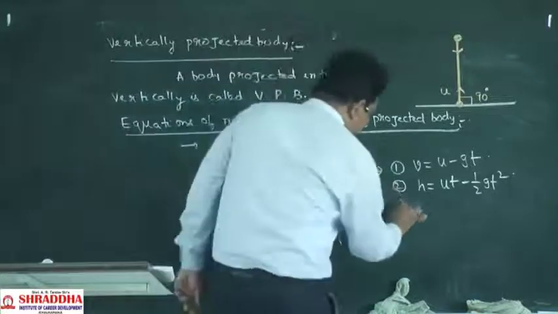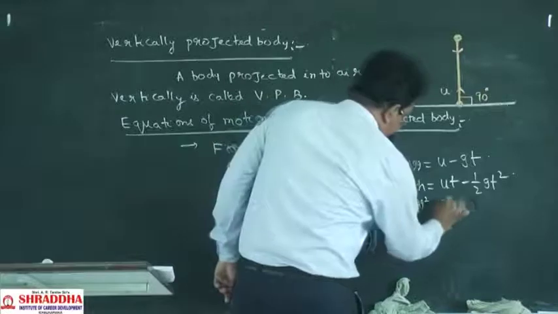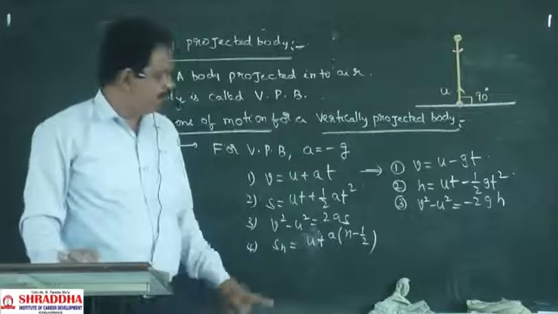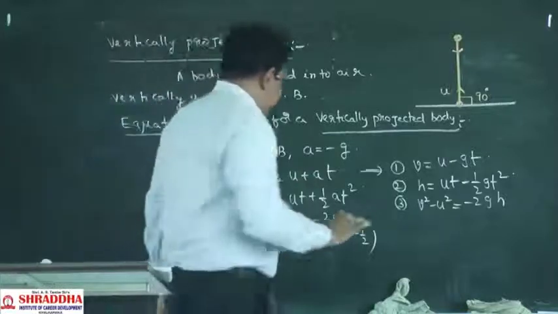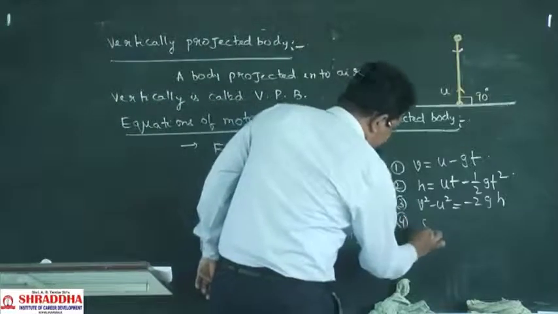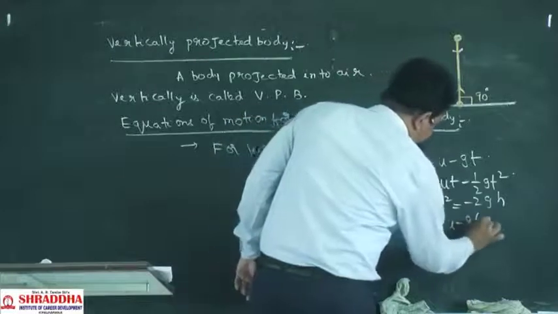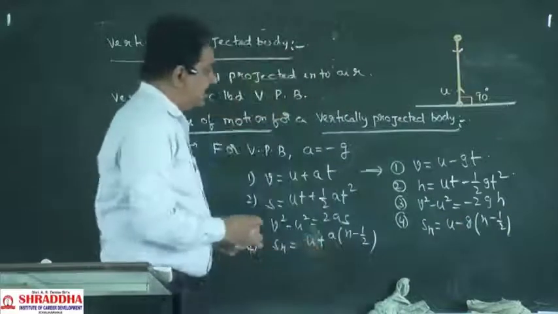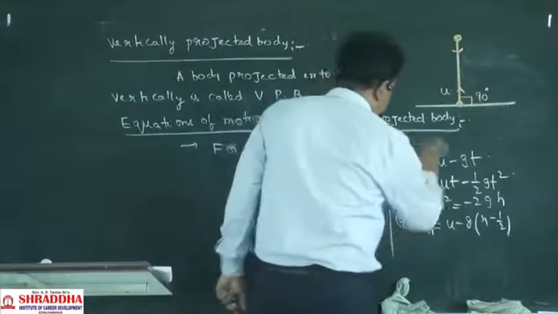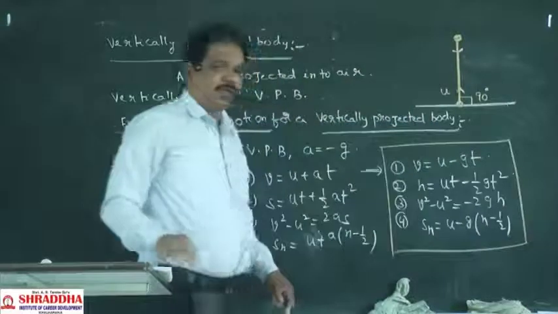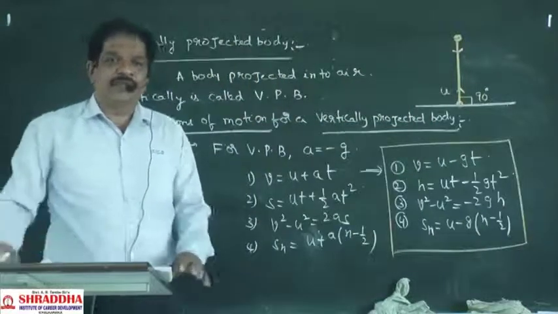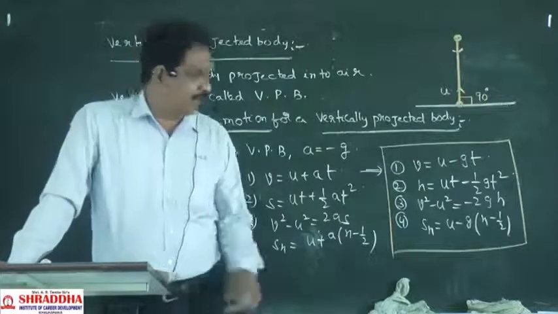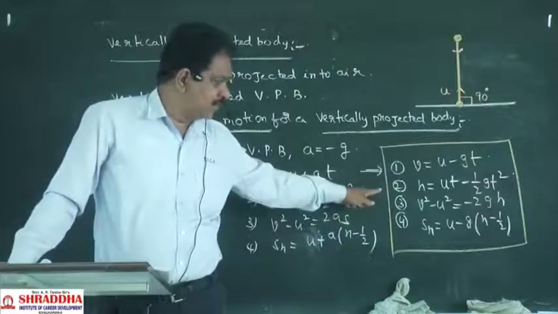Next, v square minus u square is equal to minus 2gh. Here Sn is equal to u minus g into n minus half. So, these are the equations of motion of a vertically projected body.